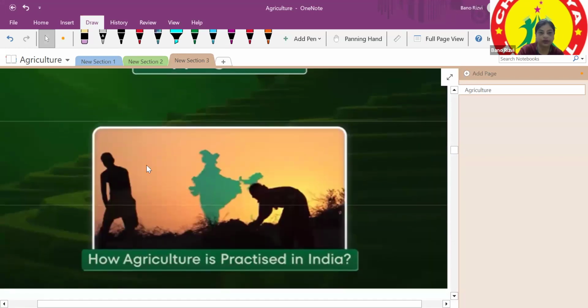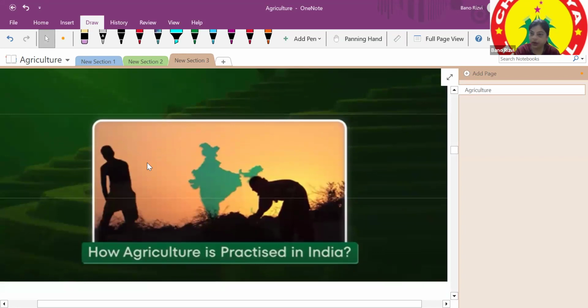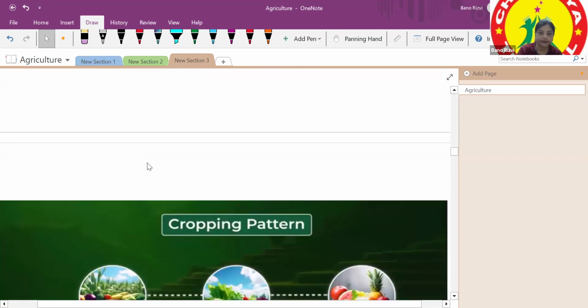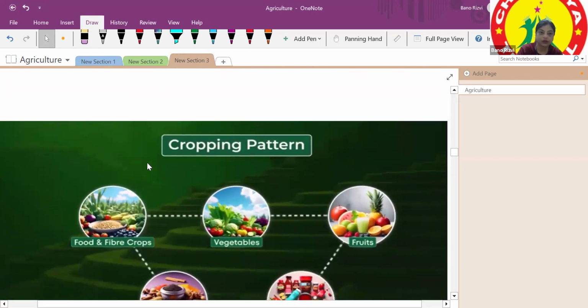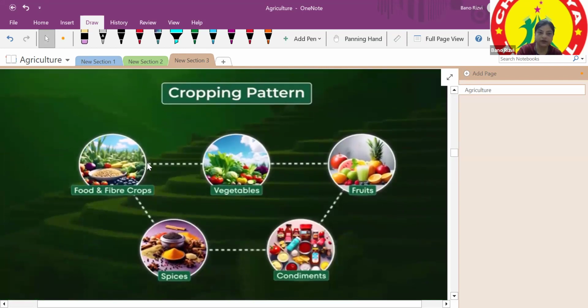Okay, so we are going to now study about the cropping pattern that is practiced in India. Mostly we can see we have food and fiber crops, vegetables, fruits, spices and other condiments.